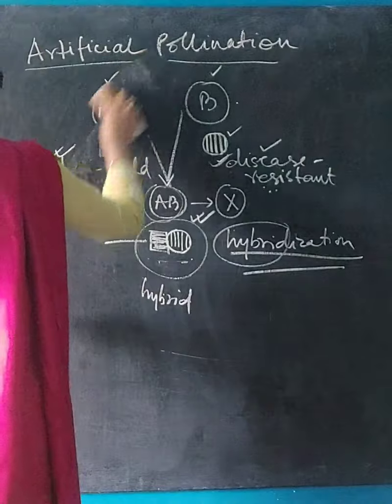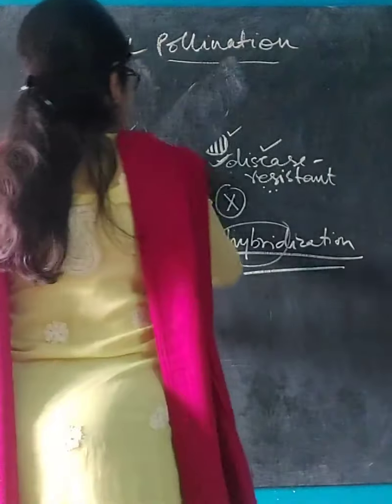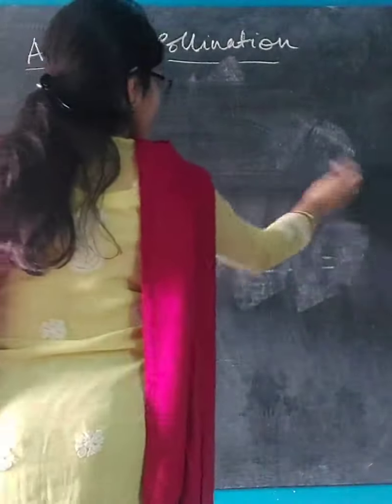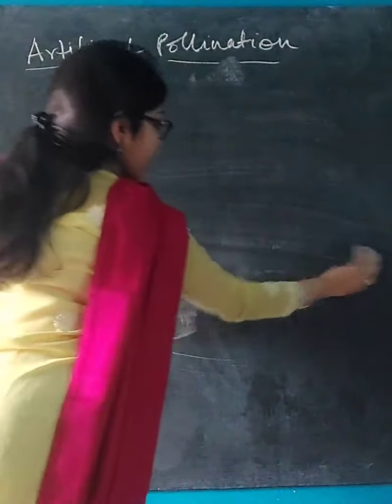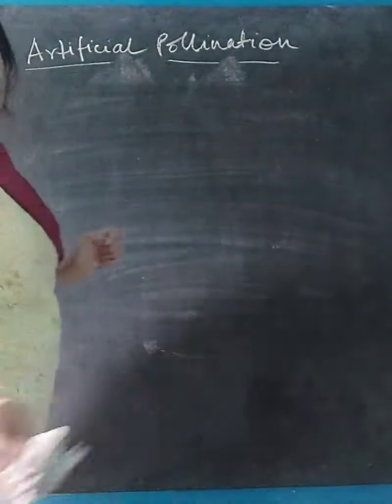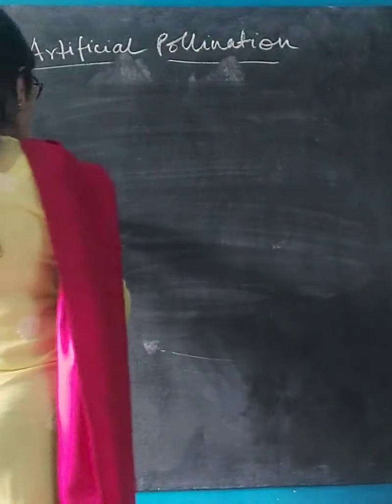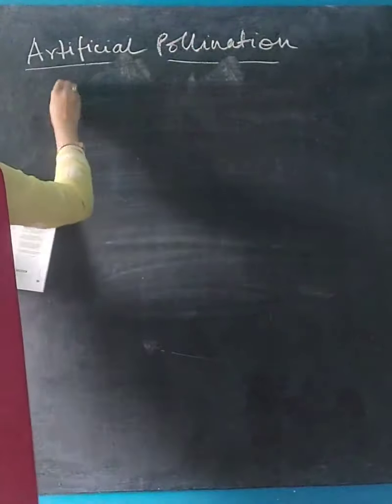So I will write here so that you can understand it. Now the first step is, during hybridization the stamens of a bisexual flower are removed before their anthers mature.